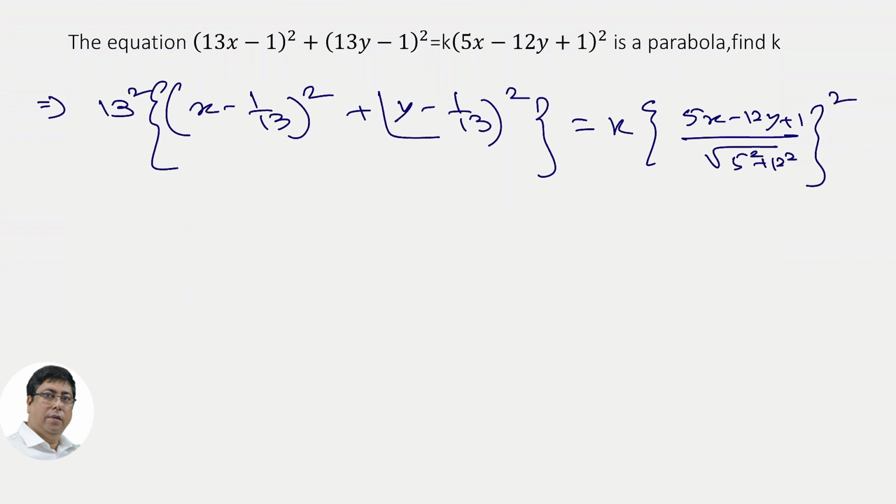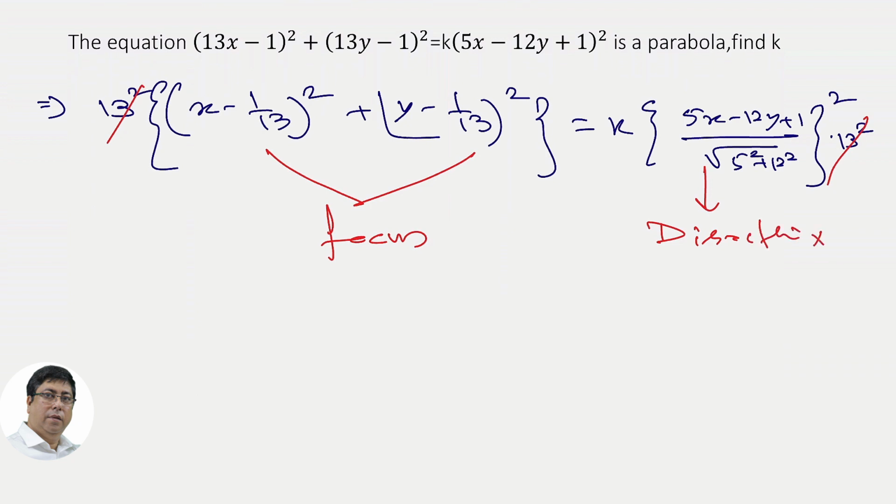We have taken extra 13 square, so we balance by 13 square, and this 13 square is getting cancelled on the left hand side. And remember, this is the focus and this is the directrix. Actually, it is PS equal to PM. So according to the question, k equal to 1, because in a parabola, eccentricity is 1.